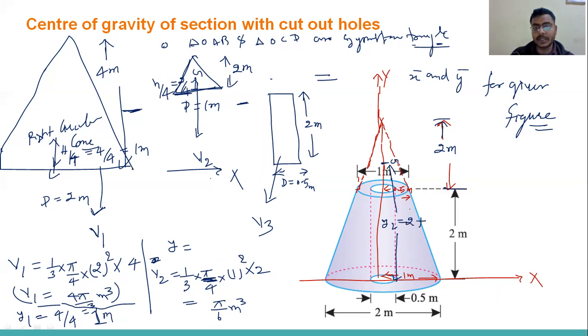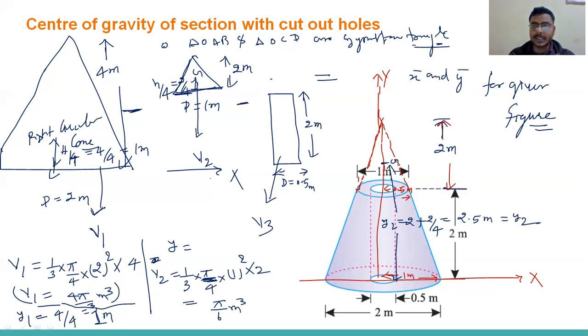So 2 meter plus h by 4, because the distance of the centroid from the base is h by 4. What is the height of the smaller right circular cone? That is 2 meter, so 2 by 4. So it will come 2.5 meter. I get a point.